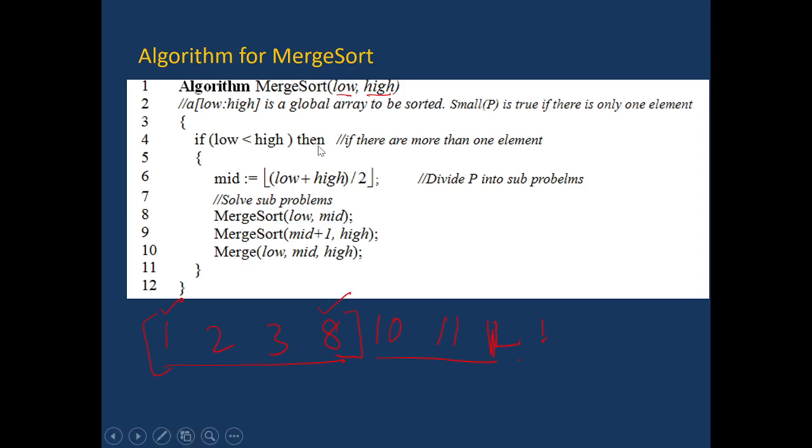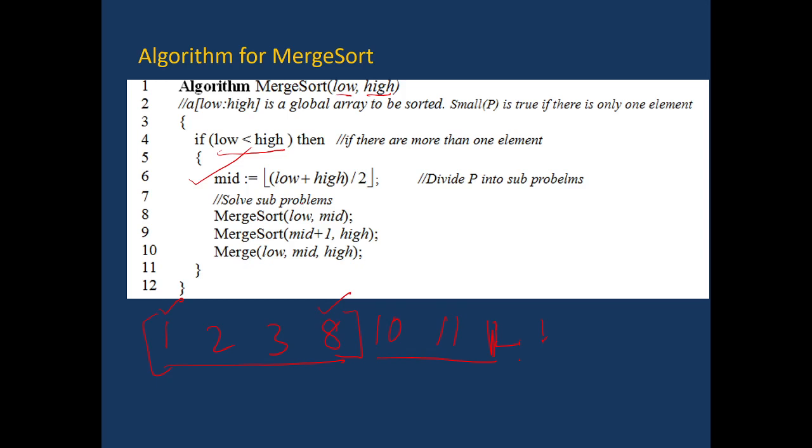So we will be checking one condition, whether we have more than one element or not. If we have more than one element, we go inside and calculate the middle part. Low plus high by 2 is the middle part. After calculating the middle part, we ask this guy, please sort the first half. After sorting the first half, sort the next half.